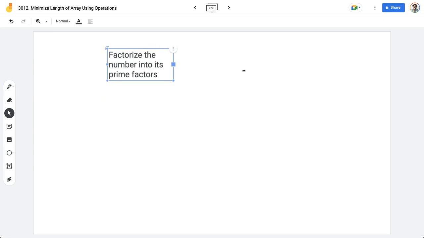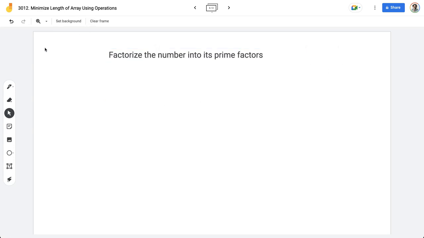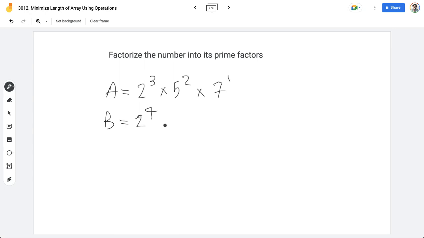And I said, interesting. What can I do? What if I have a, and a is 2 to the 3 times 5 to the 2 times, I don't know, 7 to the 1. And then I have b, and b is 2 to the 4 times 5 to the 1 times 11 to the 3.